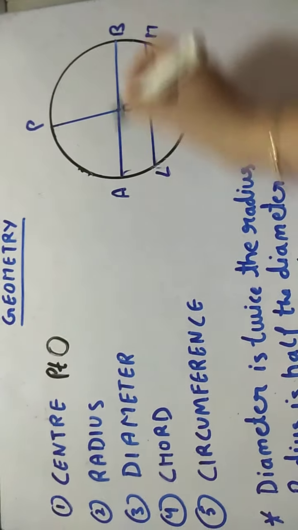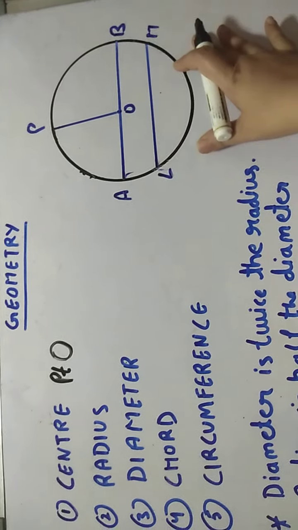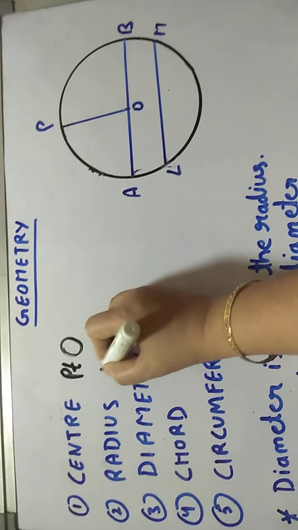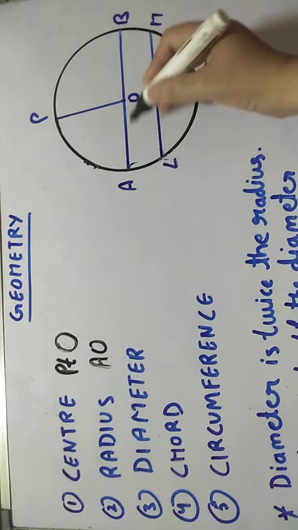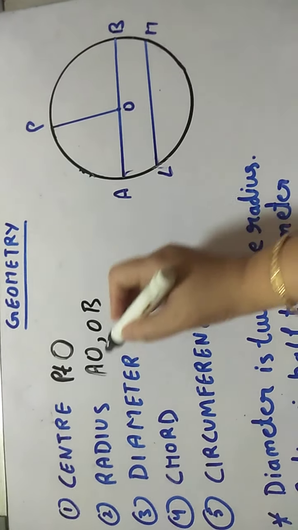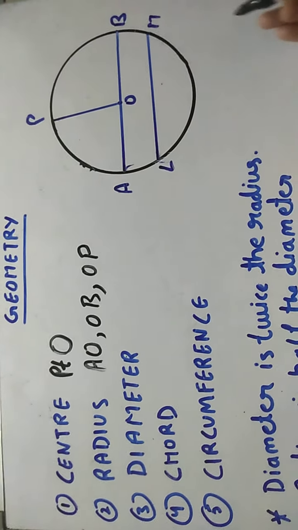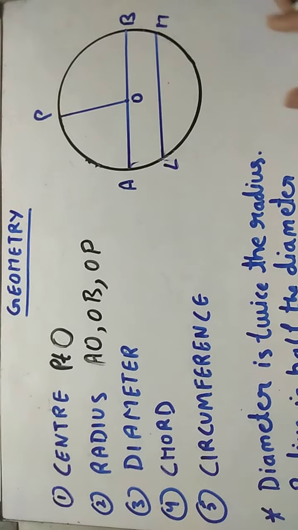Okay, so how many radii can be formed? There can be many radii. So right now how many radii can we see? We can see 3 radii. I can write AO, OB, you can write OA as well. Okay, OP. These are 3 radii which we can see in this figure.